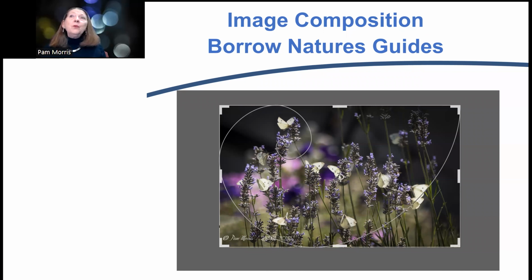And so it's very useful when we're cropping our images, and determining whether an image is actually a strong image, when we look at the overlay from cropping in Lightroom or Photoshop, and we apply either the rule of thirds grid or the golden spiral, we can see, yes, that's why I think this is a strong image. The central subjects within the image fall along that line and that curve. And if they don't quite make it, then adjust the crop until they do, and then you'll find it is actually a stronger image.